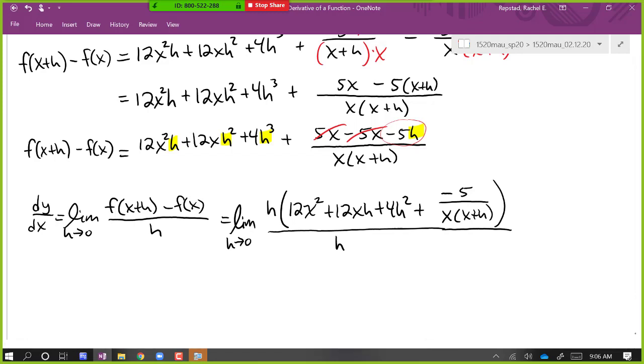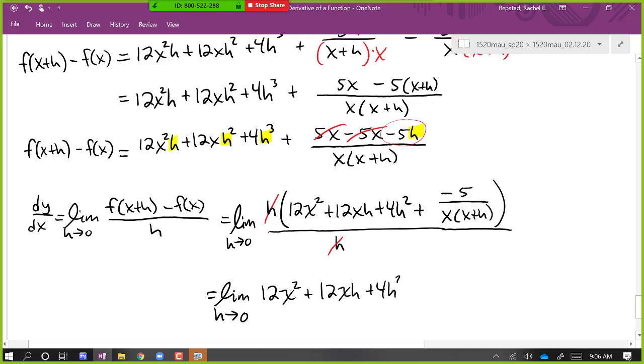I think we all know it's coming right now. We're going to cancel these h's. And we want to evaluate the limit as h approaches 0 of 12x squared plus 12xh plus 4h squared minus 5 over x times x plus h.